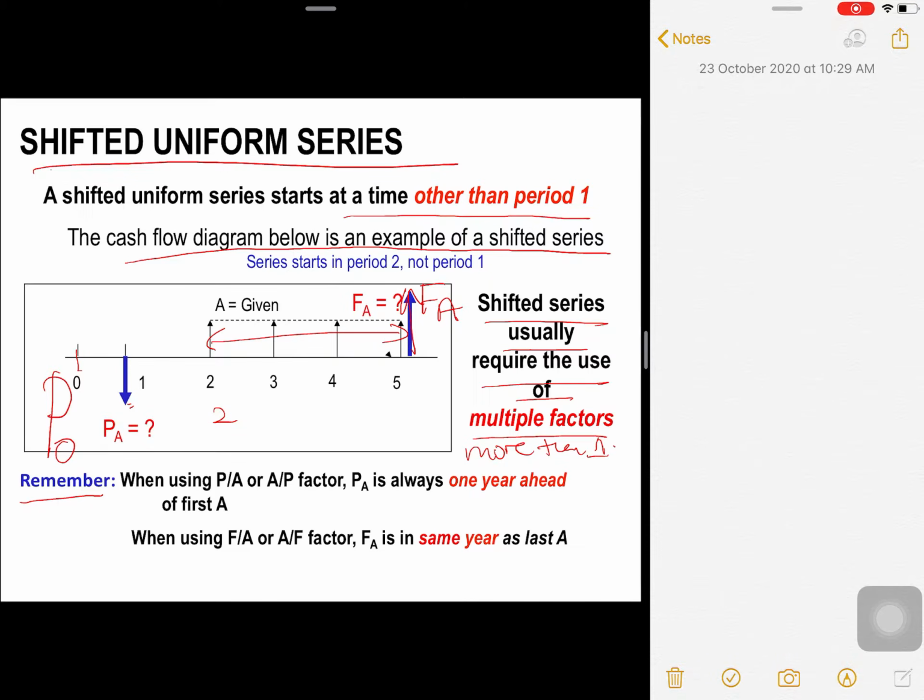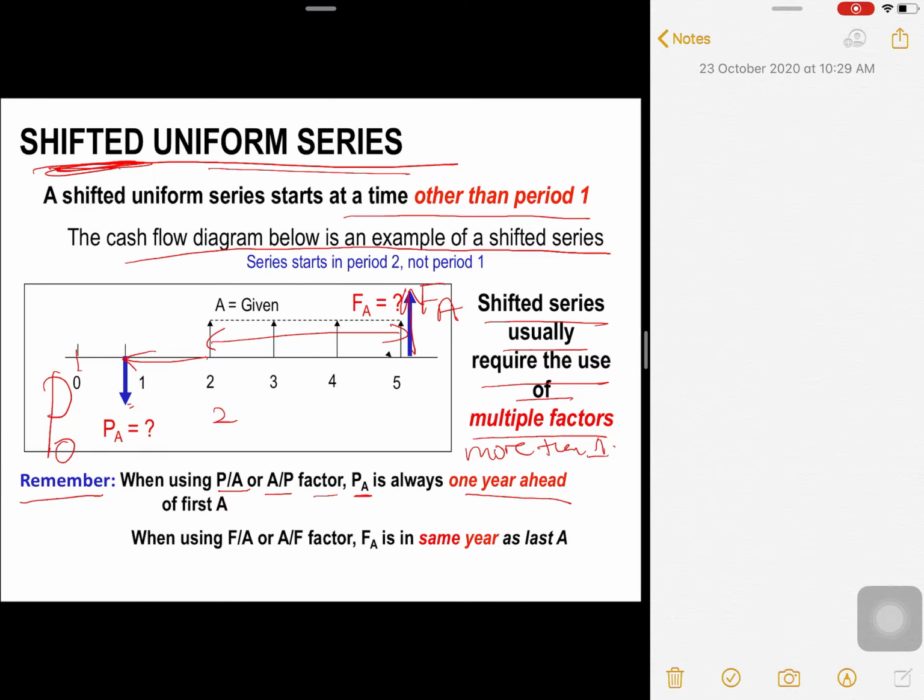However, there are two things that you need to remember when we study shifted uniform series. When we use the P of A factor, PA is always 1 year ahead of the first A. For example, in this case, A starts at 2, so P has to be a year ahead of time, so it has to be at number 1.